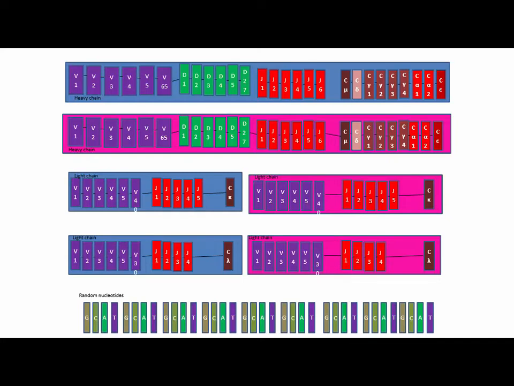But with kappa and lambda, we also have two copies of each gene in our bodies. Okay? So here you see we have a copy of the heavy chain from our father, a copy from our mother. For the kappa light chain, we have one from our mother, one from our father. For the lambda chain, we have one from our mother, one from our father. And these are just random nucleotides, okay? So that's to start us off.